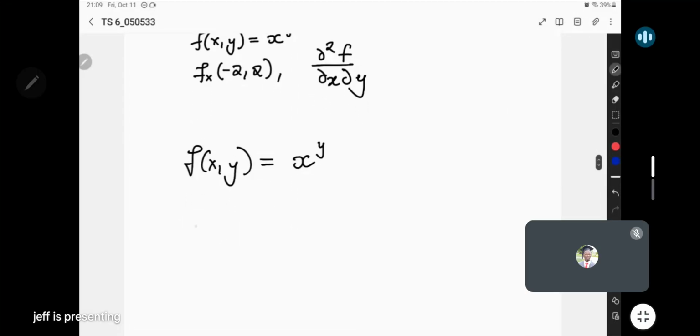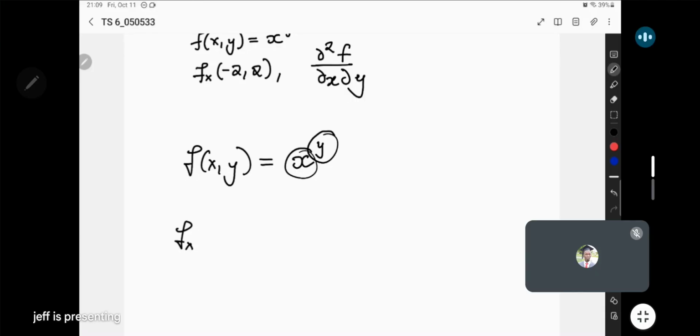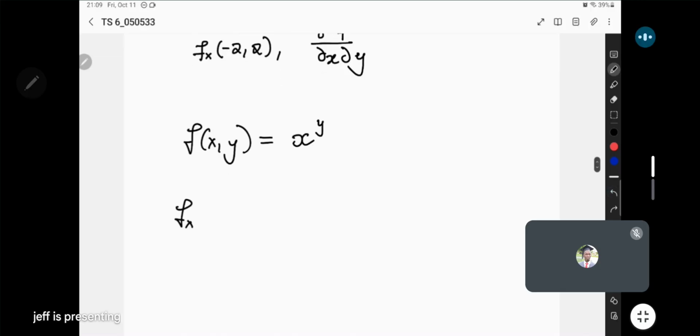But when trying to get the partial derivative with respect to x, what this implies is that you treat y as a constant. So it's just like any random number, 2, 3, 4, just any real number. And then x is the variable. So we are differentiating with respect to x, meaning y here will be taken as a constant.